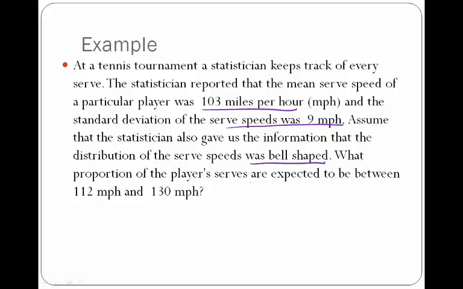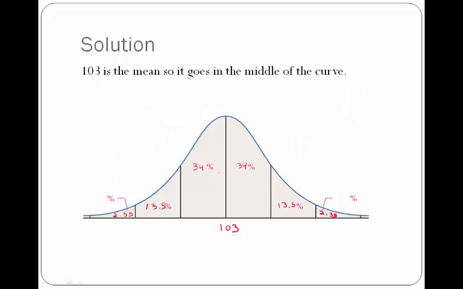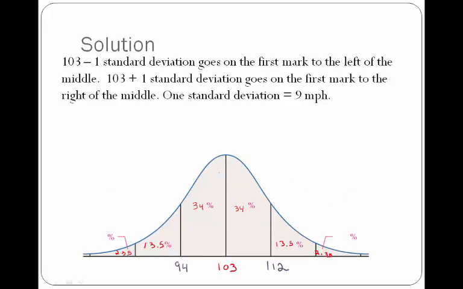What proportion of the player's serves are expected to be between 112 miles per hour and 130 miles per hour? We're going to use that empirical rule, and if you haven't figured out you need to know that, you probably will by the time we get to the end of this presentation. So 103 is the mean, and it's going to go in the middle. And 103 minus 1 would be 1 standard deviation below the mean.